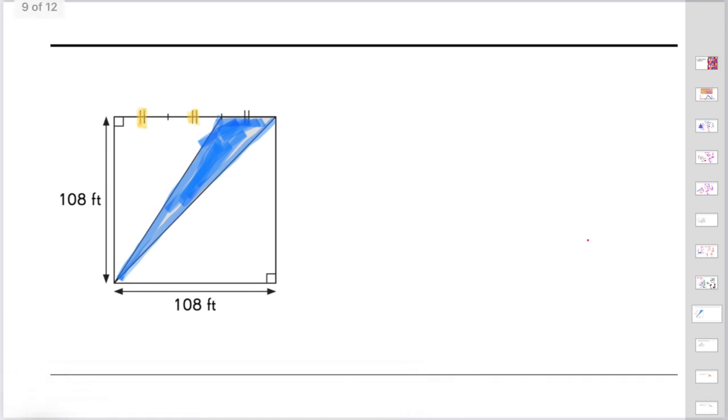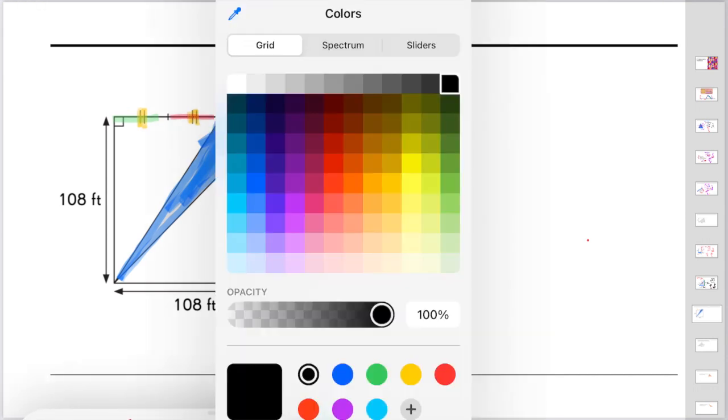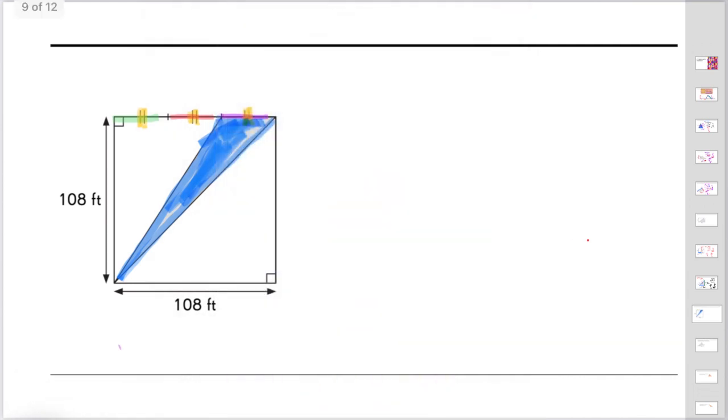Hopefully you notice these tick marks showing me that this line segment, that green line segment, is the same length as this red line segment, is the same length as this, let's do purple, as this purple line segment. So those 3 segments are the same length.